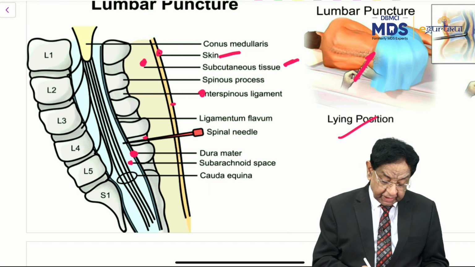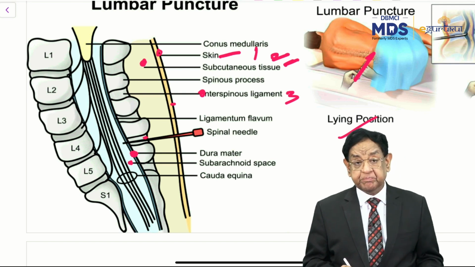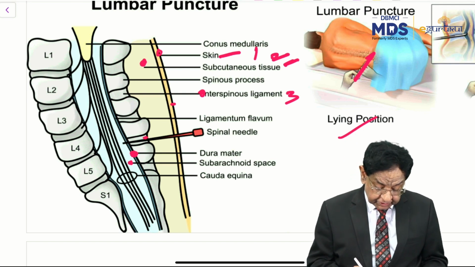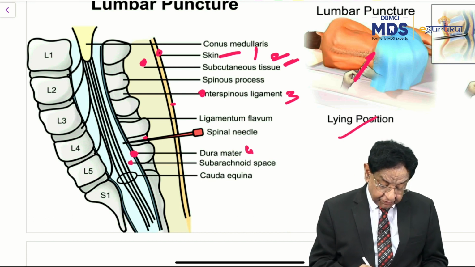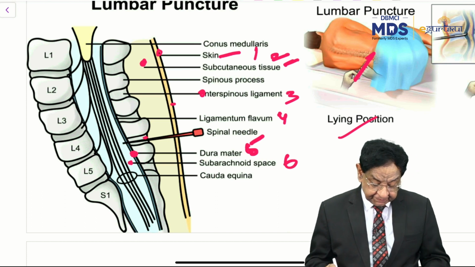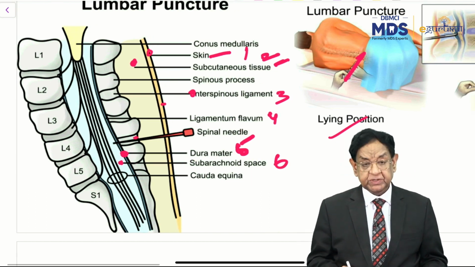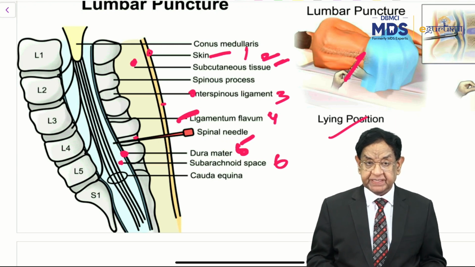That means number one, puncture skin. Number two, subcutaneous tissue. Third is interspinous ligament. Fourth is the dura mater. And in fact, before that, the ligamentum flavum also. After that comes the dura mater, and finally it lands up in the subarachnoid space. So the ligamentum flavum is also pierced by the needle.